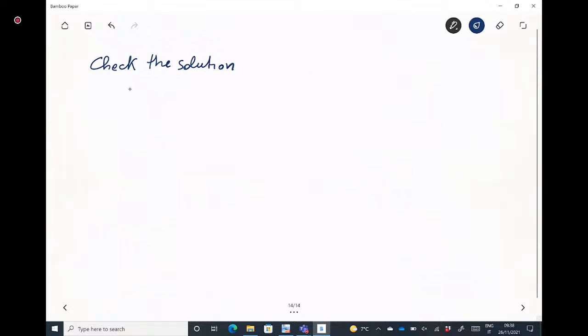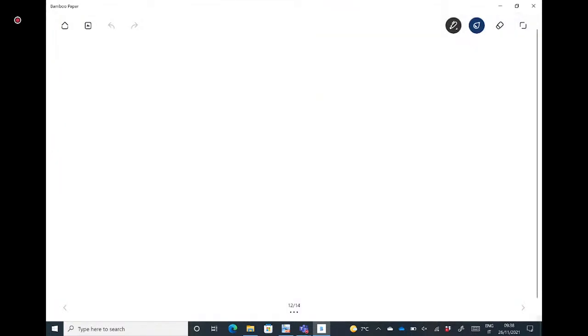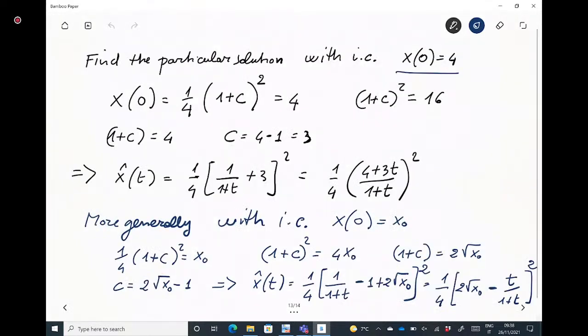Okay, so x of t, our solution, which is given by, let's rewrite it in this way, 1/4. You can also write it in terms of c, which is even easier, okay? But let me rewrite this in this way. 1/4, 1 over 1 plus t minus 1 plus 2 square root of x0, squared.